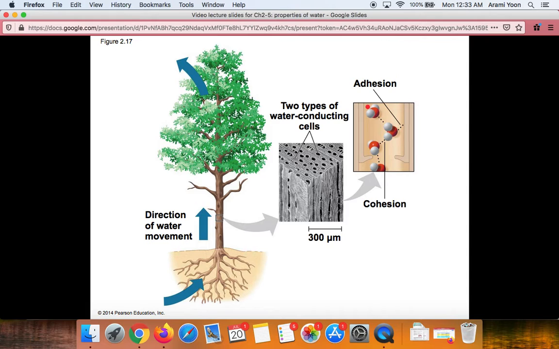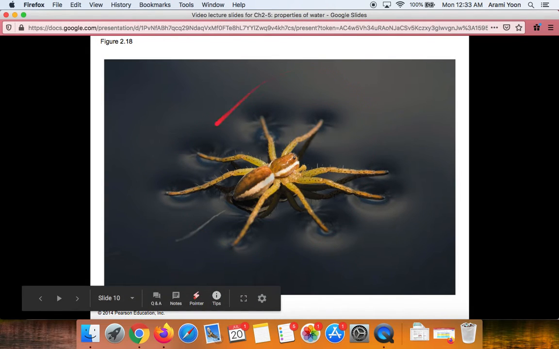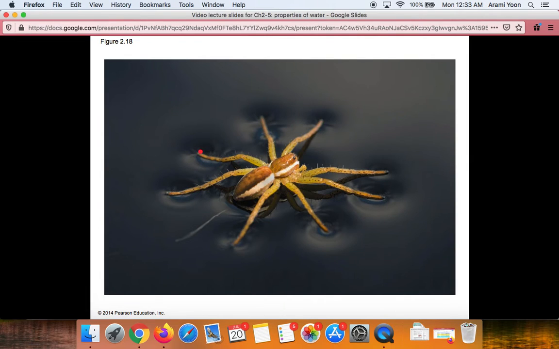Here's another example of how water is able to do amazing things because of its ability to cohere together, or hydrogen bond together. Here you can see this water spider is able to walk on water because any body of water is going to have a surface, and the surface water molecules are going to hydrogen bond with each other.